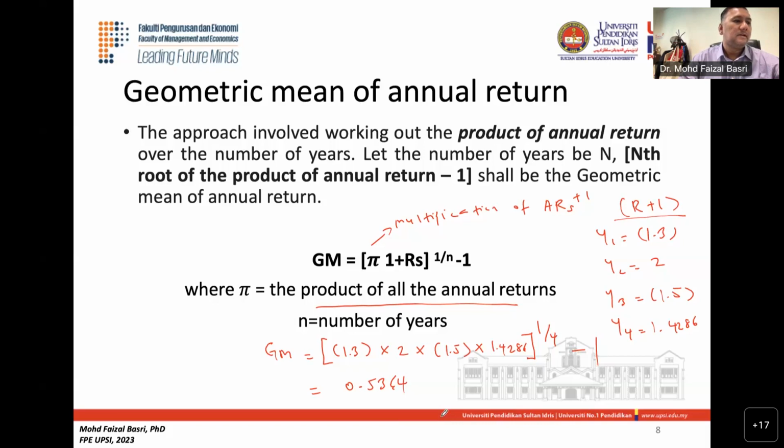Okay, give me 1 second. Right, so in this case, if you convert it into percentage, times 100, it's 53.64%. Okay, 53.64% based on the geometric mean.